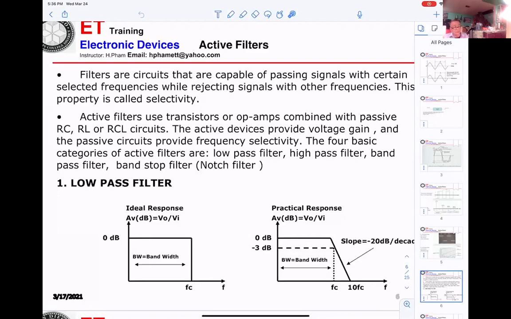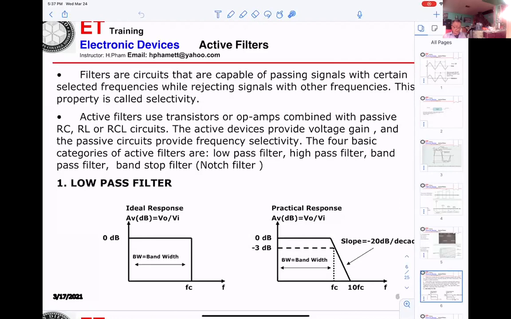So whatever frequency you want to select comes from the passive RLC device. The four basic categories of active filter are the low pass filter, high pass filter, band pass filter, and band stop filter.